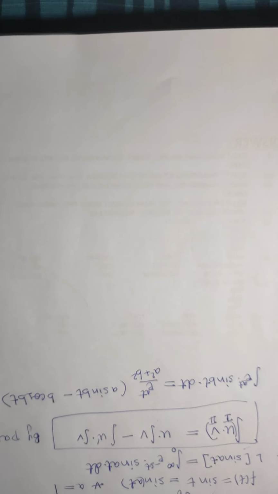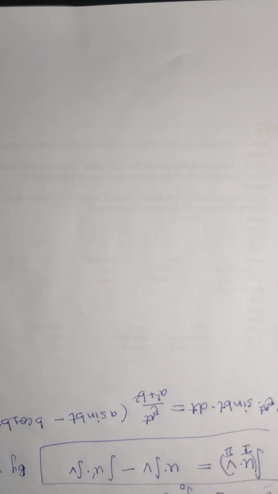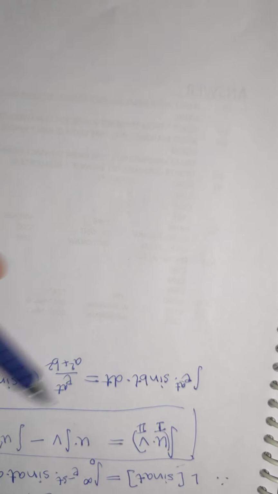You might say that this is a shortcut, but this is basically a simplified form of the by parts expansion of this same product. You expand this and eventually you come up to this. The process is not as difficult as it seems.